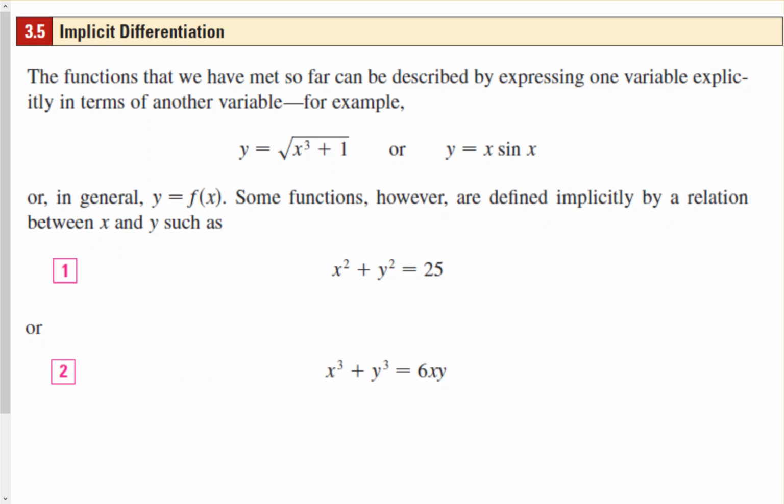There are various functions that we could implicitly take the derivative of. The technique involves basically finding the derivative of both sides of the equation with respect to x, and then solving the resulting equation in terms of dy dx or y prime, depending on what notation you're using.